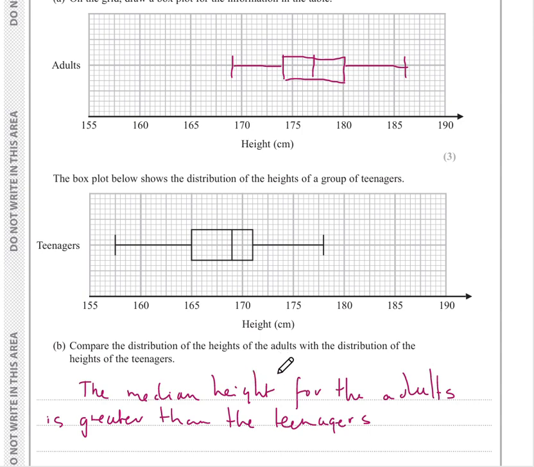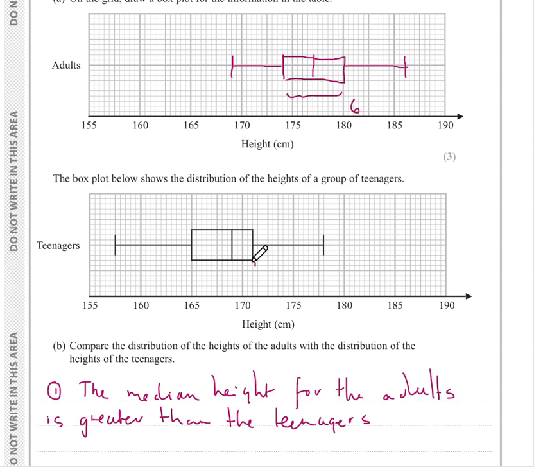Also, for these marks, at least one of your comparisons needs to be in the context of the question. So it needs to mention height or needs to mention centimeters. For the other mark, you can either compare the range or the interquartile range. So if I look here, my interquartile range is going to be 180 take away 174, so it's going to be 6.